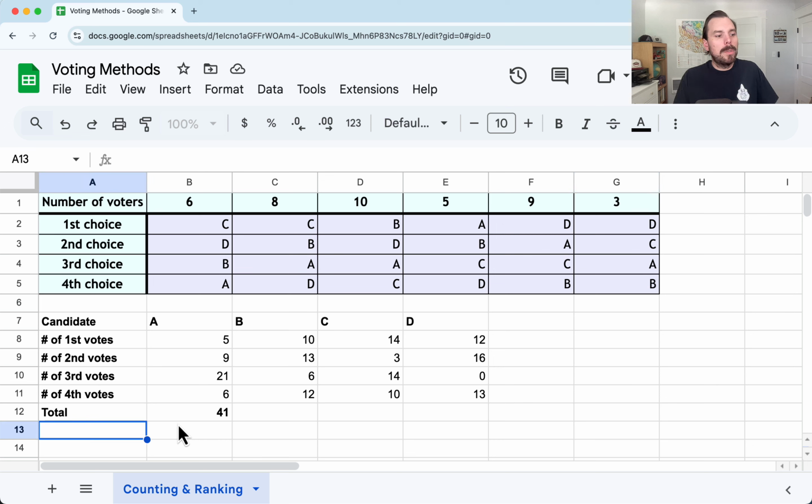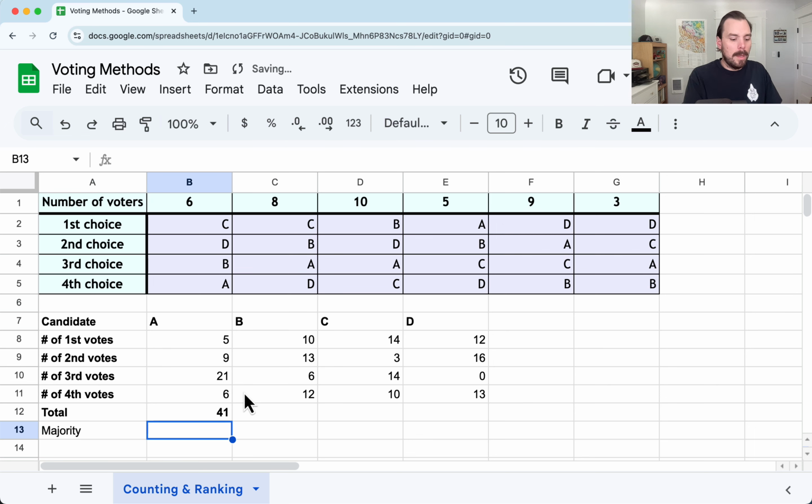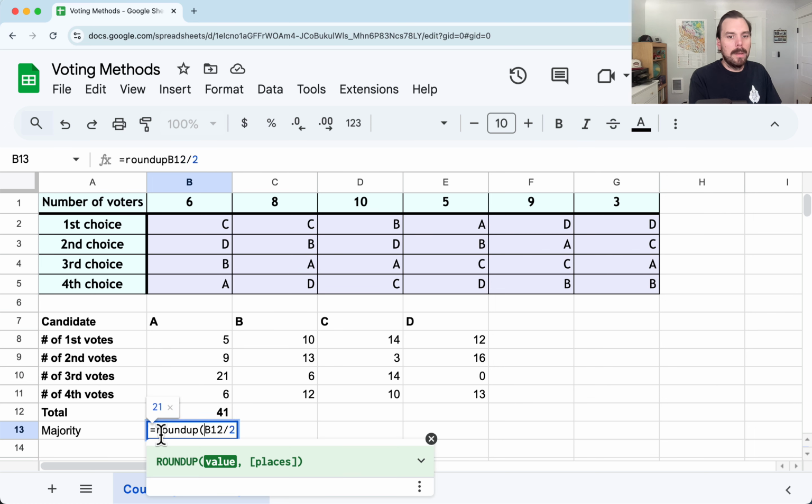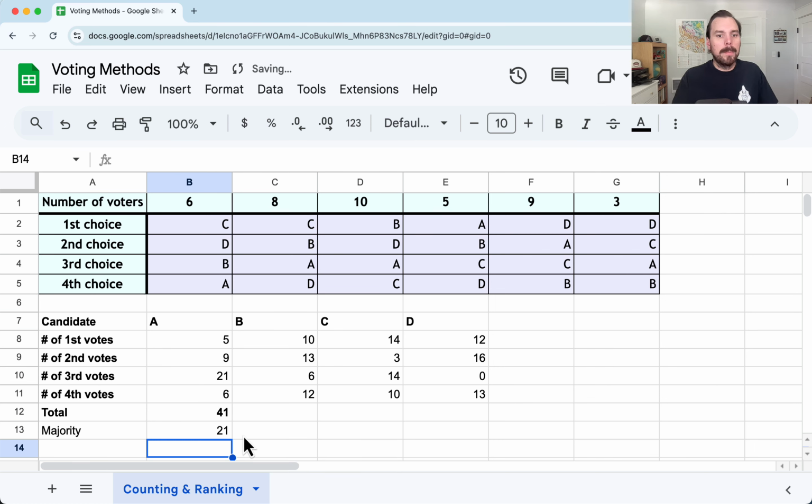Now, for someone to win a majority of the vote, they would need at least half. So we could say that's B12 divided by 2. We could even throw in a round up function there. That should round that up to a whole number. We need at least 21 for a majority.